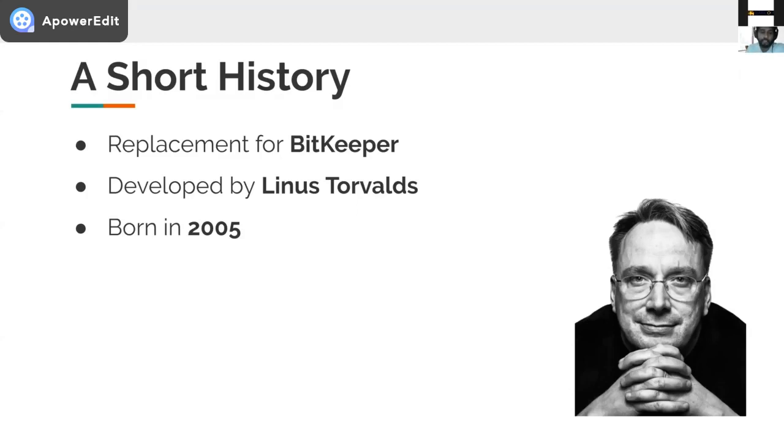For that project they used a tool called BitKeeper, and due to a problem with the BitKeeper team, Linus Torvalds decided to come up with his own version control system. It was a solo project by him, and Git was introduced in 2005. From there onwards, in the industry, Git is the go-to version control system in any software company.